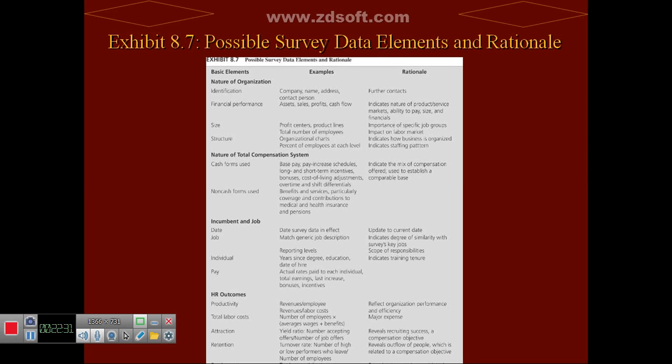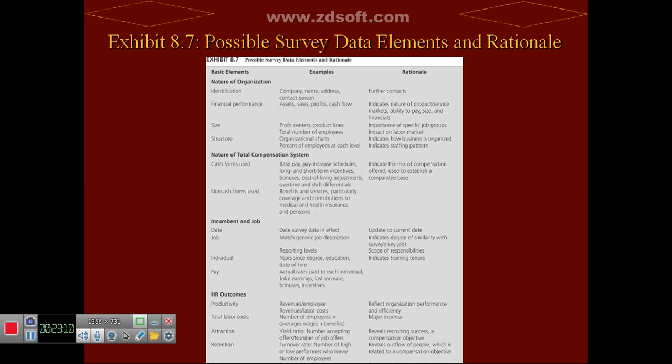Cash forms used, that is base pay of the competitor employees, pay increase schedules, long and short term incentives, bonuses, cost of living adjustments, overtime and shift differentials. Then non-cash forms used. This is nothing but forms of pay: benefits and services, particularly coverage and contributions to medical and health insurance and pensions.